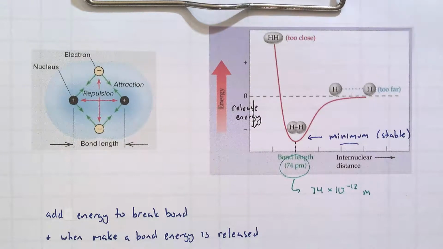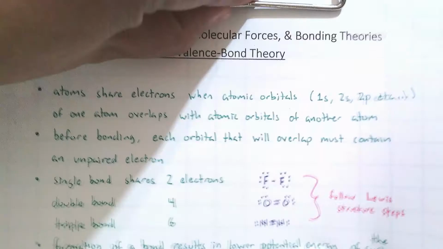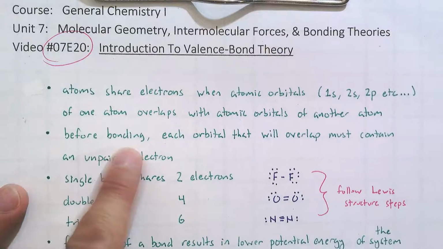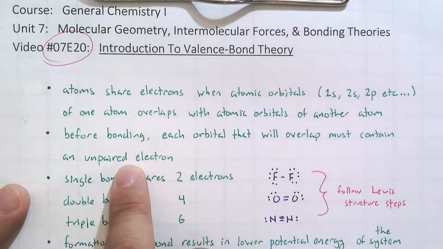Why don't we go back and look at a more complicated example? And we're still going to use valence bond theory. And to use valence bond theory, we need to know where the electrons are, which orbitals, and where they are unpaired, right? Before bonding, each orbital that overlaps must have an unpaired electron.